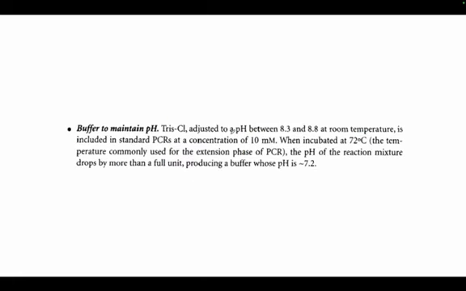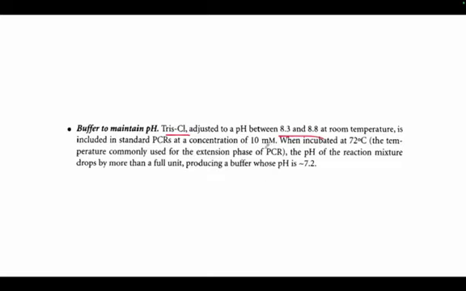Again, since we're using an enzyme, we want the enzyme to be happy, so we have to use a buffer that will keep it happy. We usually use a buffer containing Tris-Cl, okay, with pH between 8.3 and 8.8. Tris is a temperature-sensitive buffer.